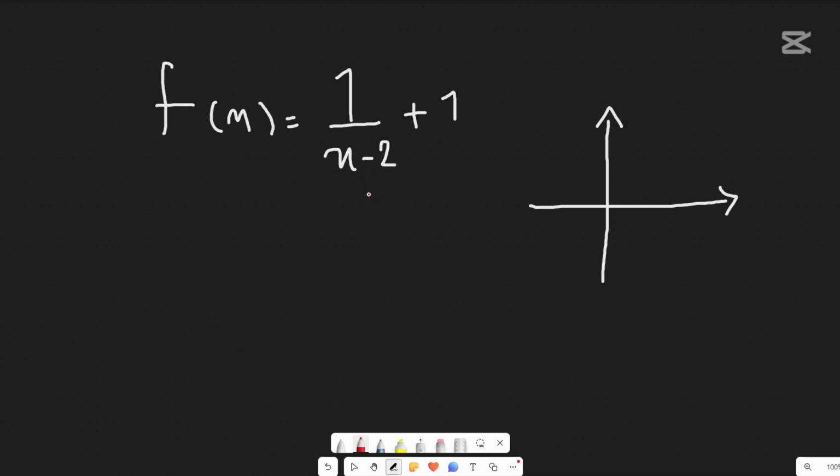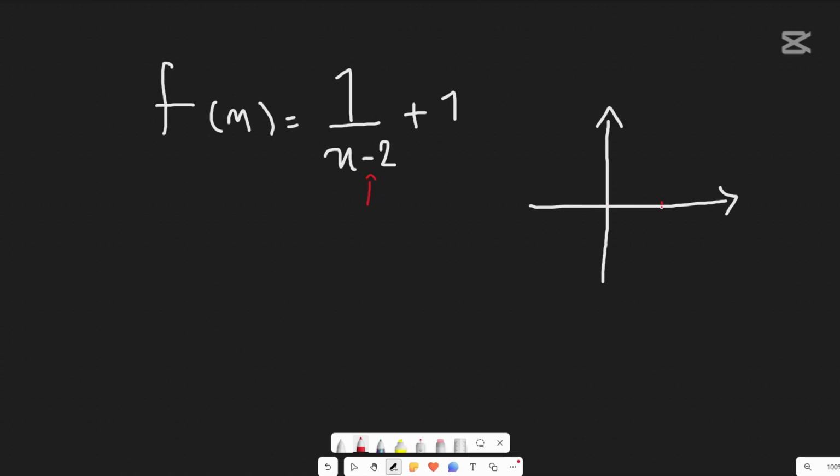Since there is a negative value right here, the function shifts to the right by this many units, 2 units. So if we have x negative something, the function goes to the right by that many units, 2 in this case. If, for example, it was x plus 2, the function would have shifted to the left by 2 units. But now the function shifts to the right by 2 units.